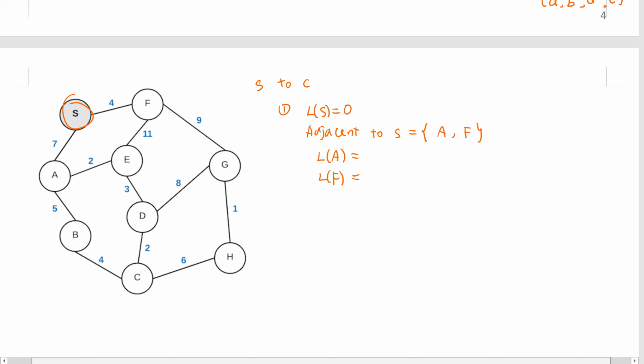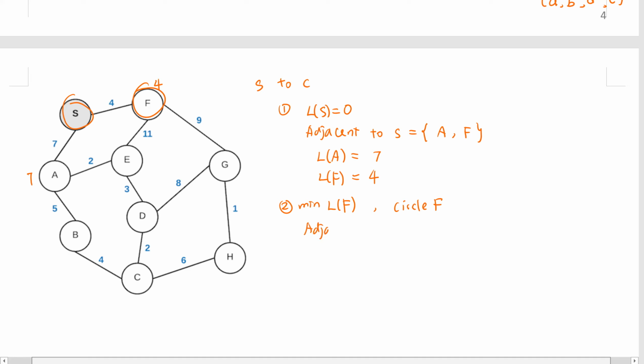In this case, I would say this graph is still not quite complicated, so I won't write the vertex in the label, but you can do whatever you like. Okay. So L(A) is 7, L(F) is 4. So this is 7, this is 4. Okay, then which one is the minimum? The minimum is L of F. Then circle F.